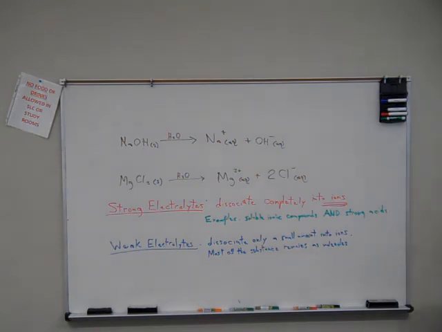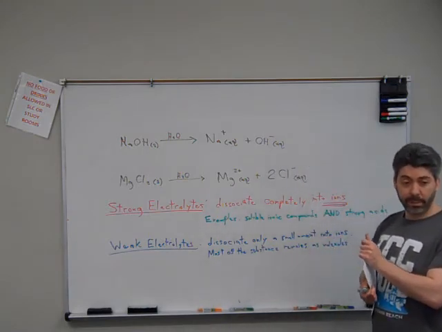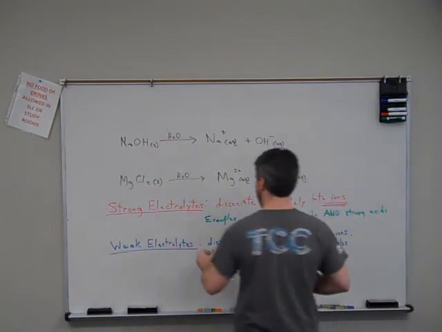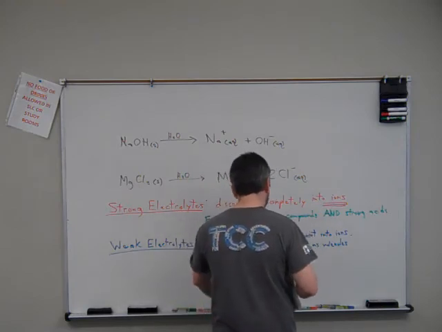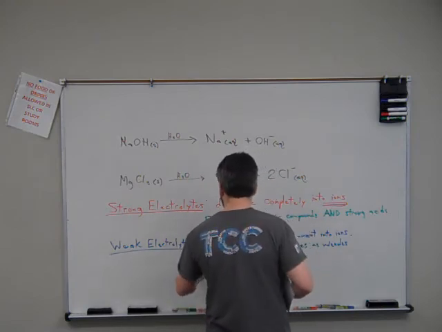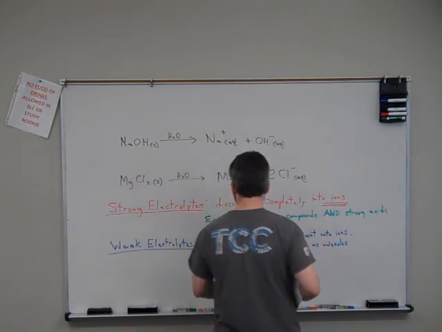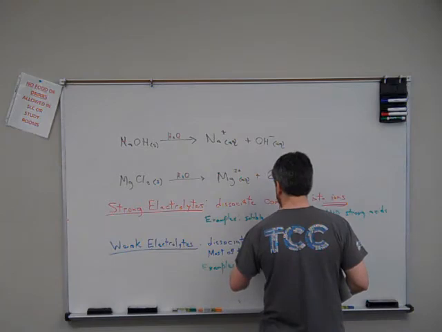So what are some examples of weak electrolytes? Like HCl? No, HCl is strong. Weak electrolytes, some examples include weak acids and weak bases.